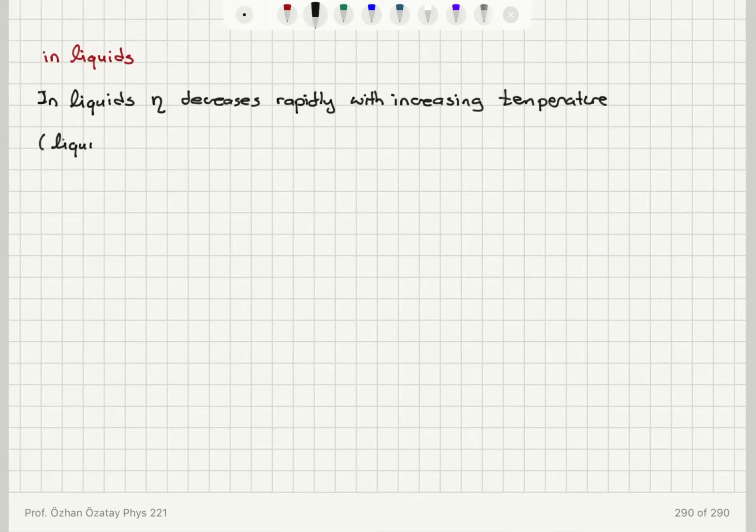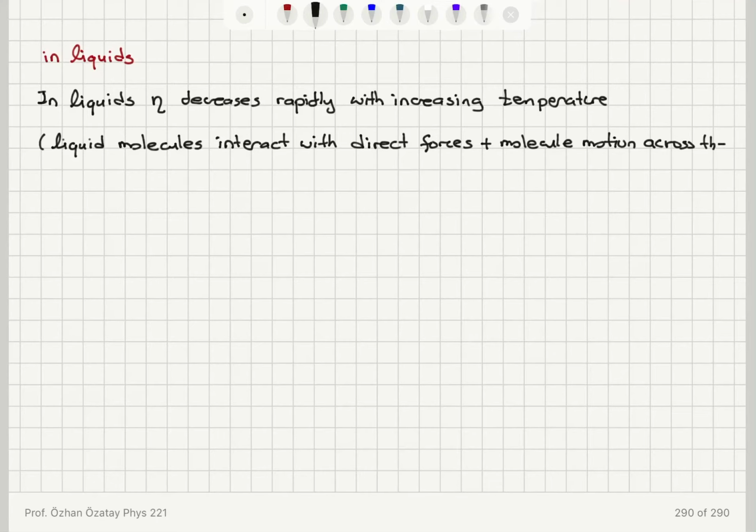So liquid molecules interact with direct forces, not just transfer of molecules across the plane. So this is not something we have considered here.